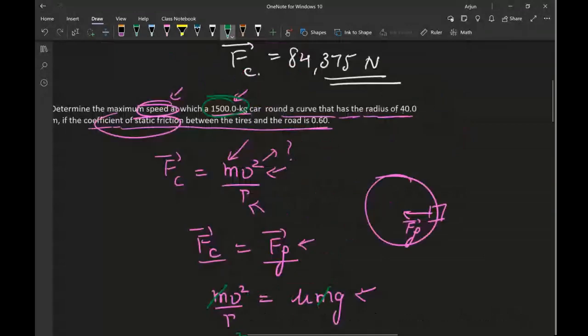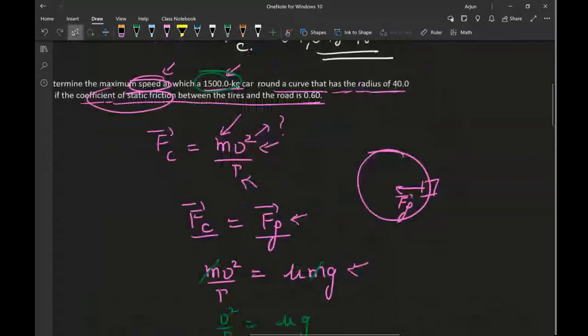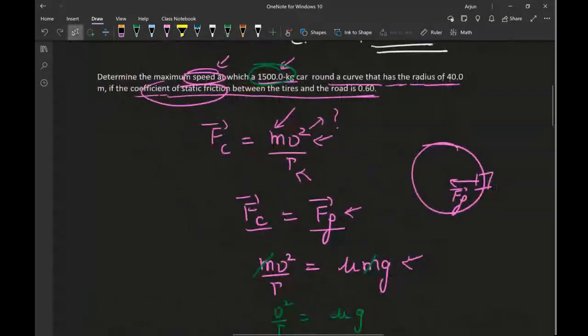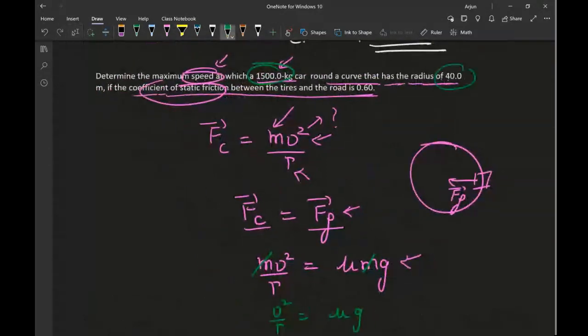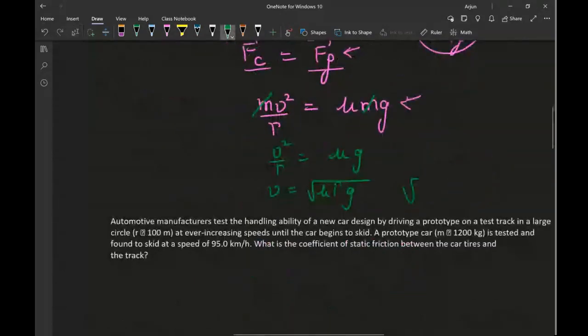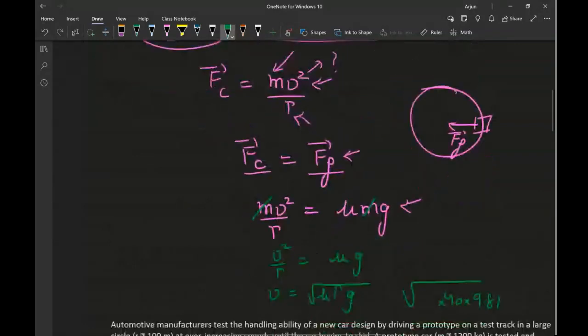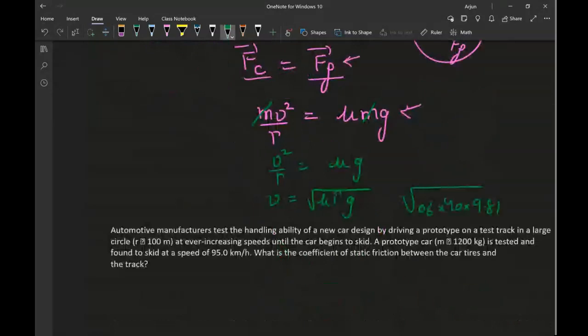So if I do the math on my calculator, the mu value is 0.6, times the r value, which is equal to 40, and the g value is 9.81. So 0.6 times 40 times 9.81 is going to come out to be 235.